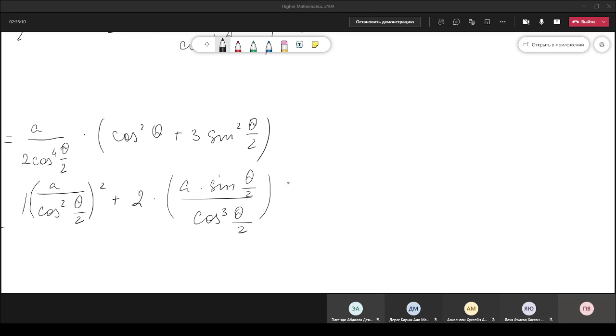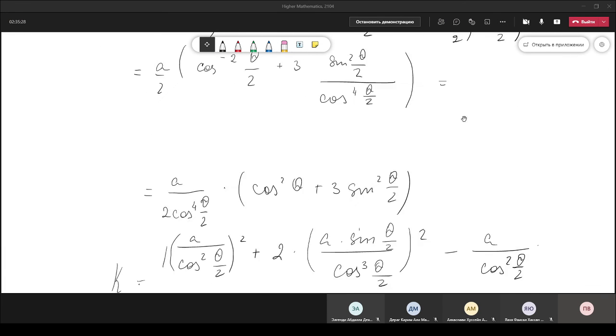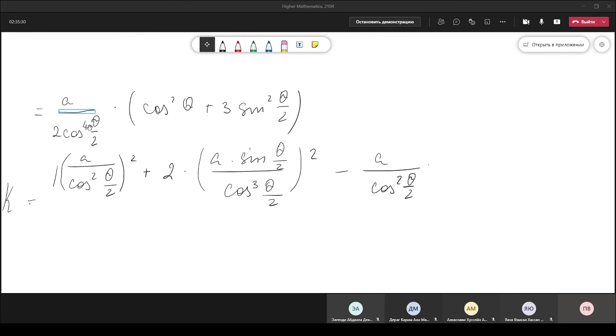Then minus rho, a times cosine squared, times rho double prime. Rho double prime we calculated here.